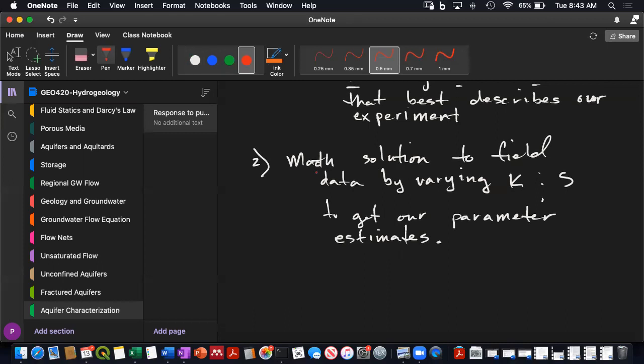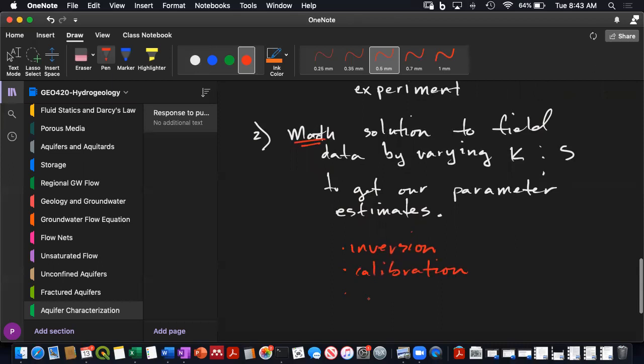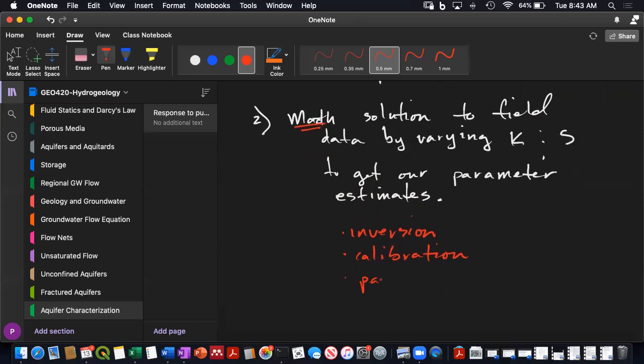All right, in the parlance of geophysics, this matching of our data gets called inversion. In groundwater modeling, it gets called calibration. In some math circles, it gets called parameter estimation.